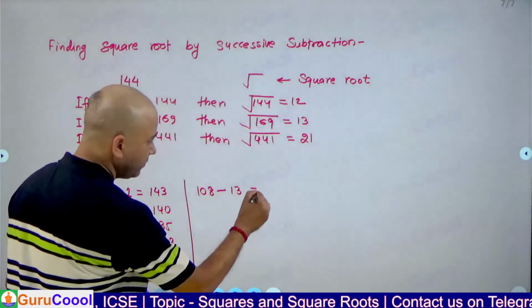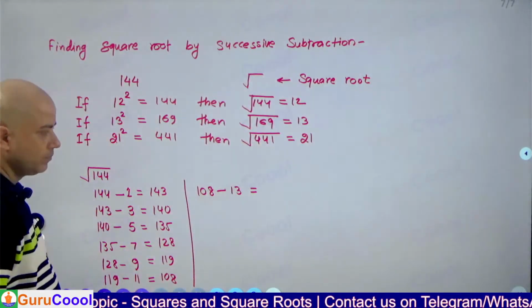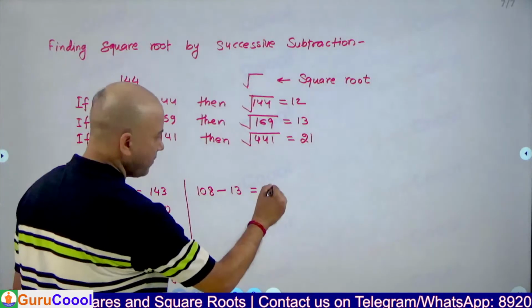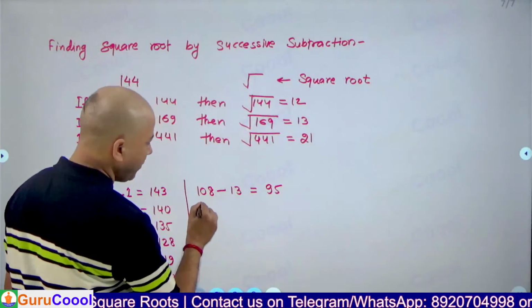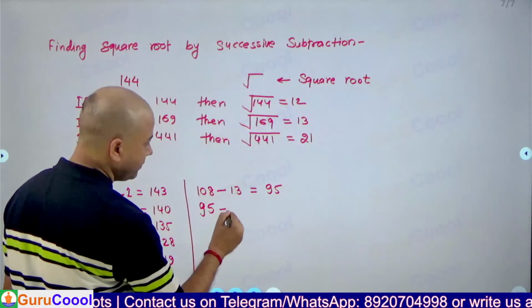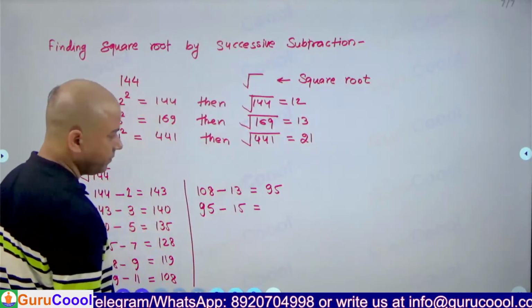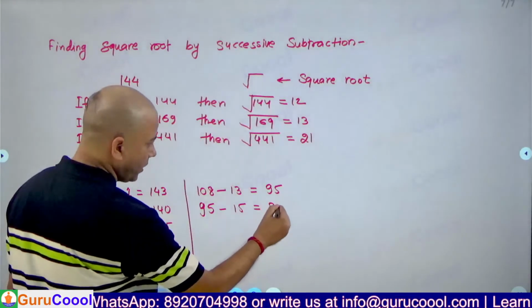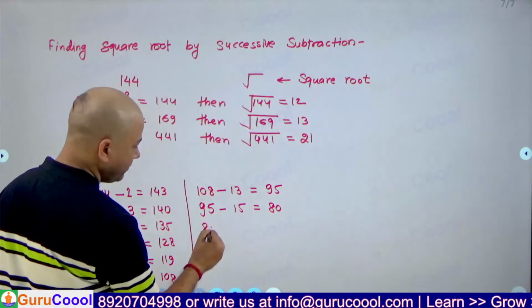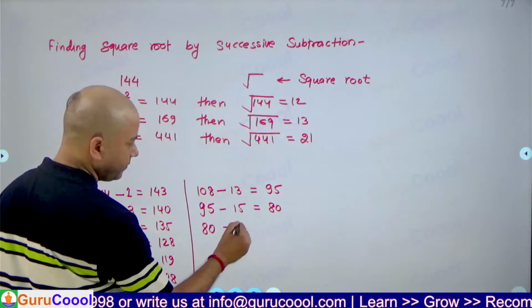How much? 95. Now 95 minus 15. How much? 80. Now 80 minus 17.